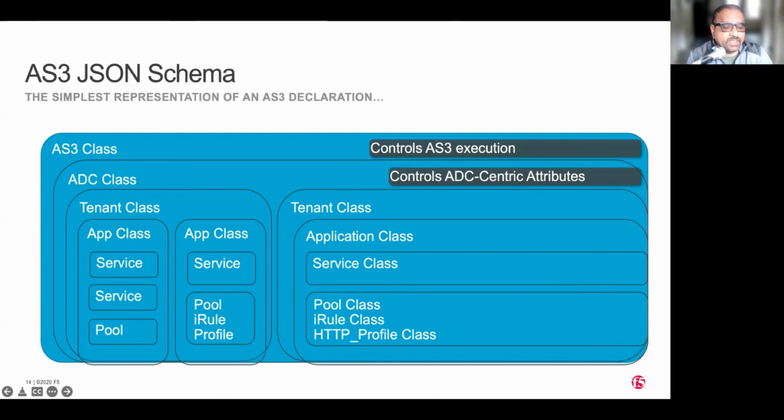And then you have the tenant class, which is again the inclusion of a particular tenant or a partition, right? It will have a partition name, and then it can have a route domain. So if you want to put it on route domain 0 or 1 or whatever, you can define that. The tenant class will have a partition name and all the information about the objects.